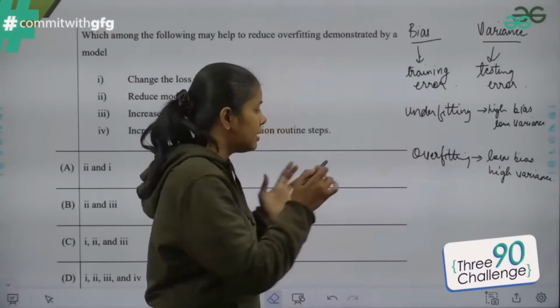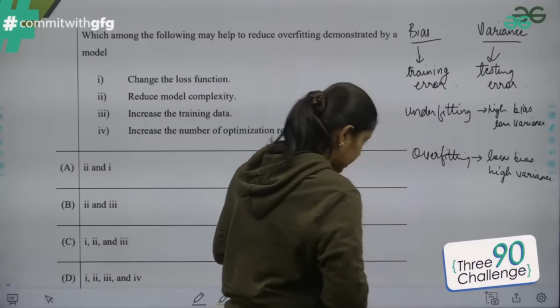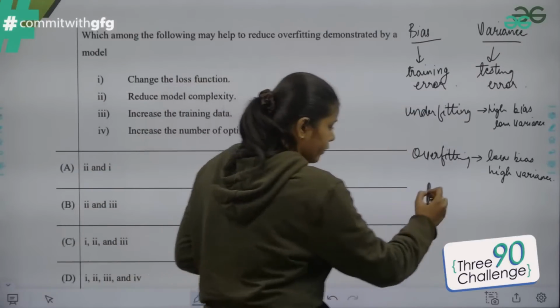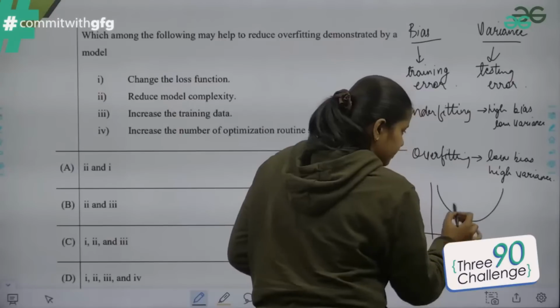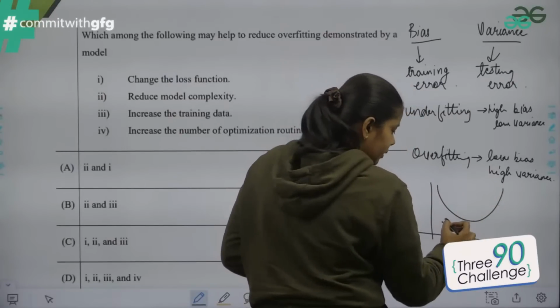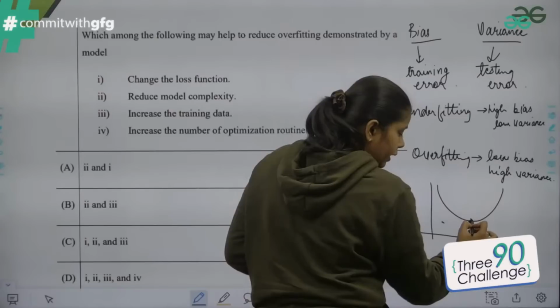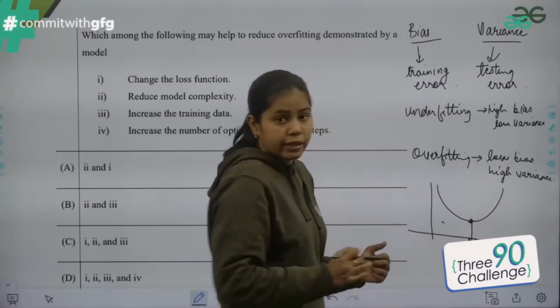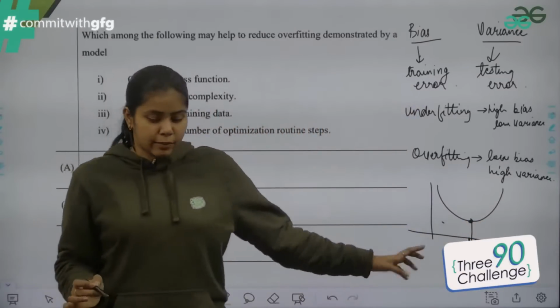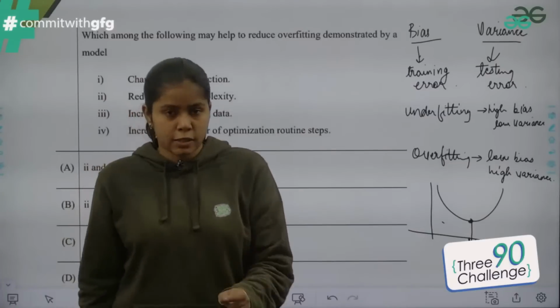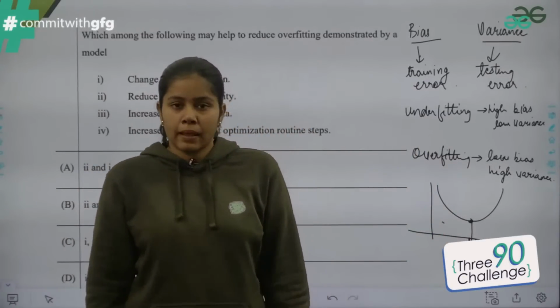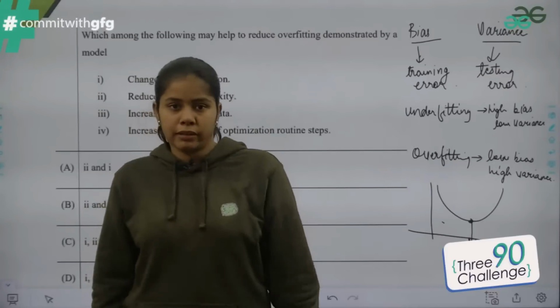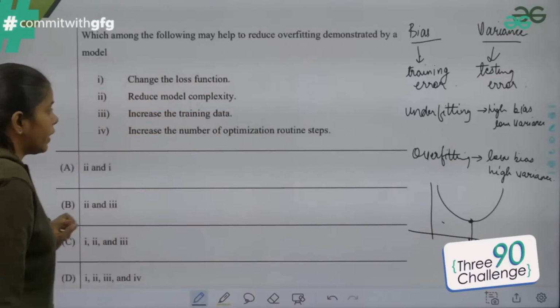If you have seen the diagram, we call this the bias variance trade-off. At a certain point we get where we do not have high variance and high bias, and that point is my generalized point, where we have our model. So that is overfitting and underfitting.